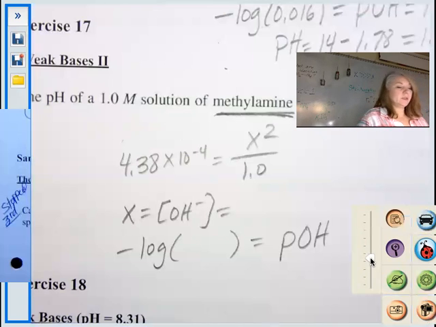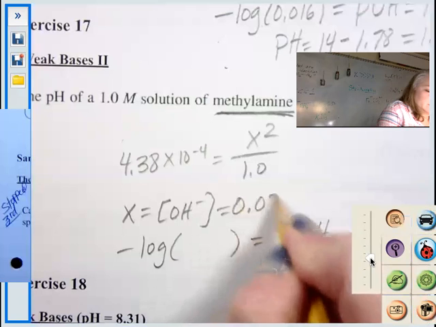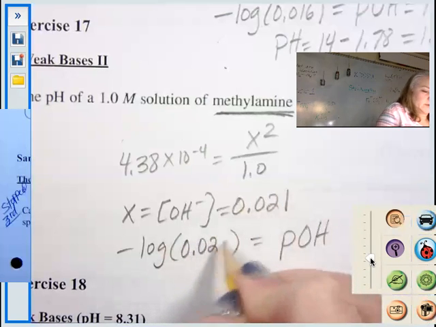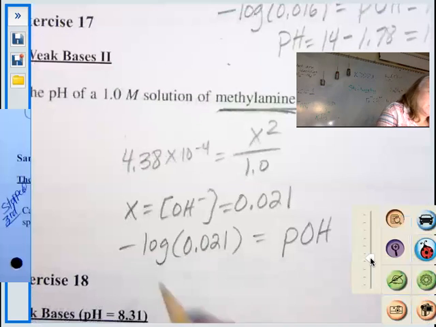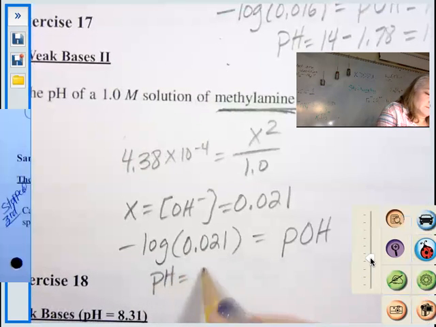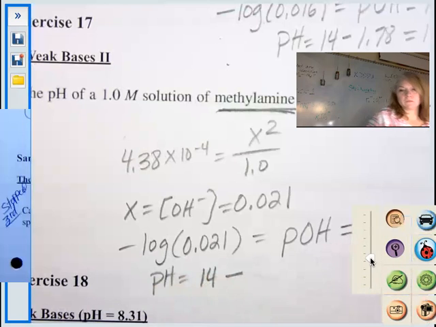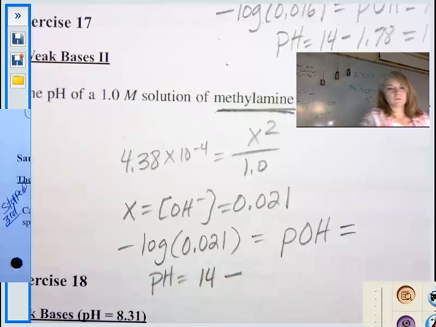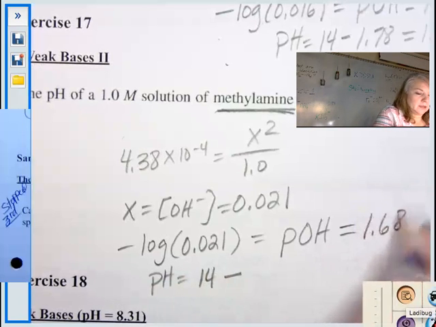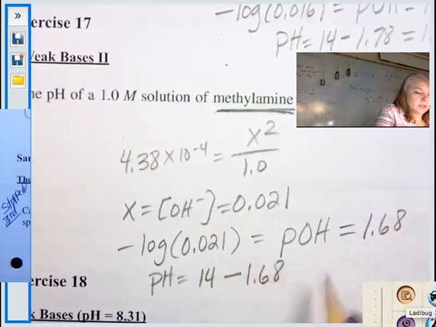I'm going to say it's 1 point something for your pOH. I'm just going to hedge my bets on that. Go ahead and take the negative log of that and find your pOH. And then subtract that from 14 to get your pH.